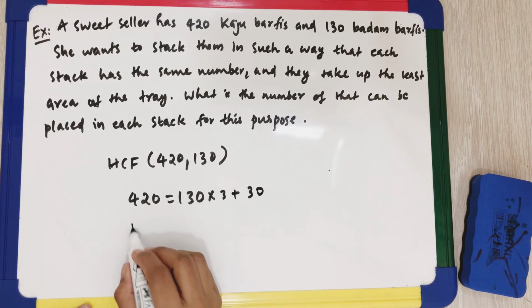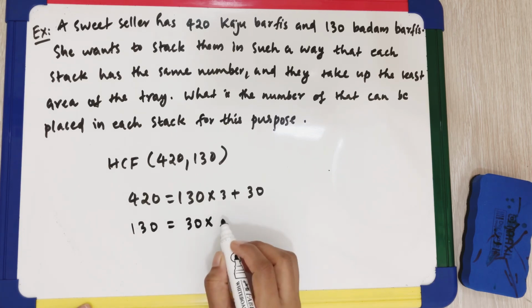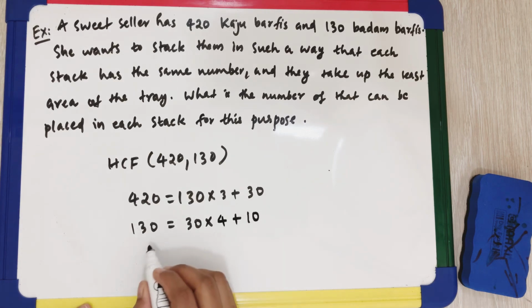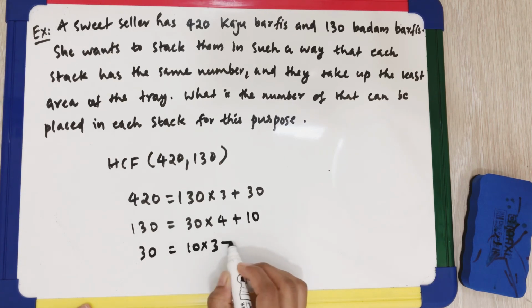Remainder non-zero, then 130 is equal to 30 into 4 plus remainder 10. And 30 is equal to 10 into 3 plus 0.